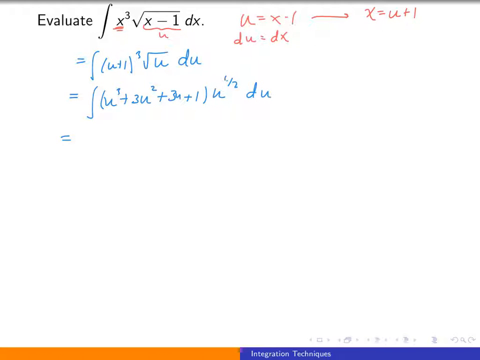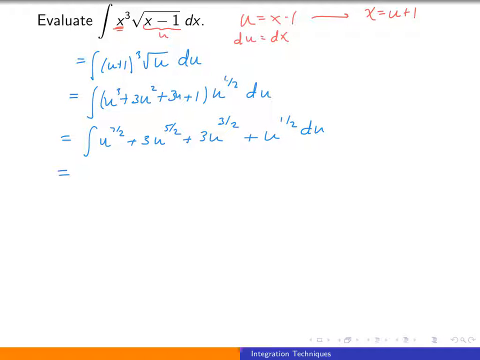So now distributing this through, we'll have u raised to the 7/2 plus 3u raised to the 5/2 plus 3u raised to the 3/2 plus u to the 1/2. And now we really are in an ideal position.